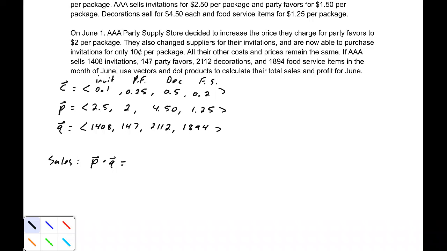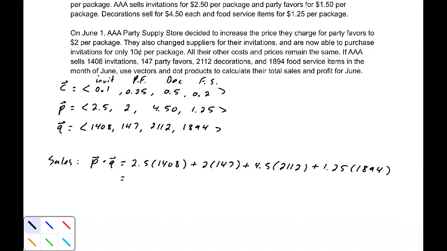So that would mean we have 2.5 multiplied by 1,408 plus 2 multiplied by 147 plus 4.5 multiplied by 2,112 plus 1.25 multiplied by 1,894.